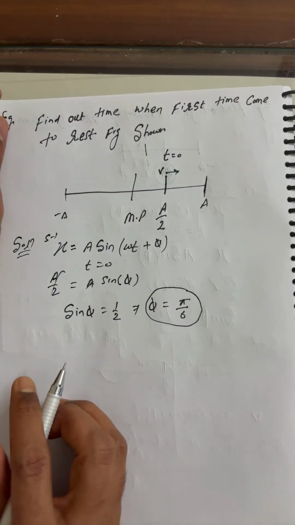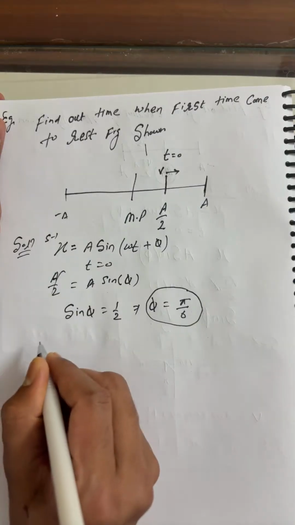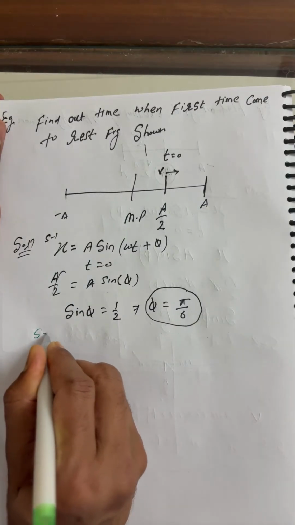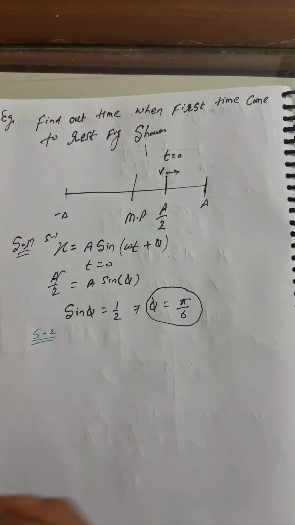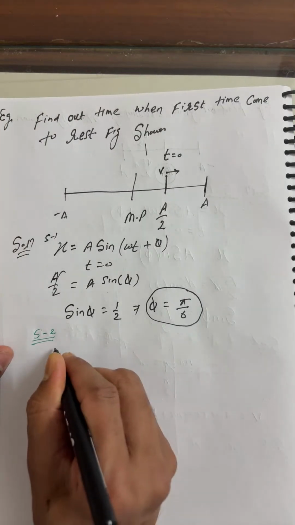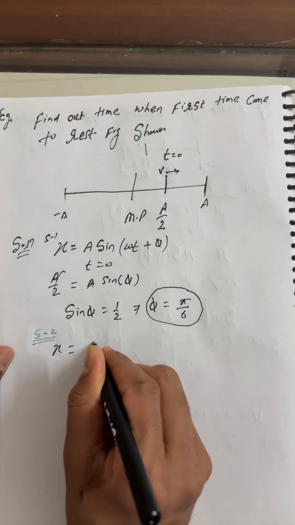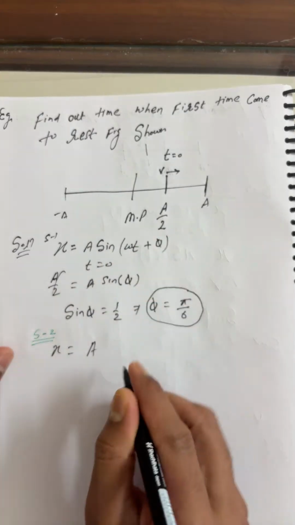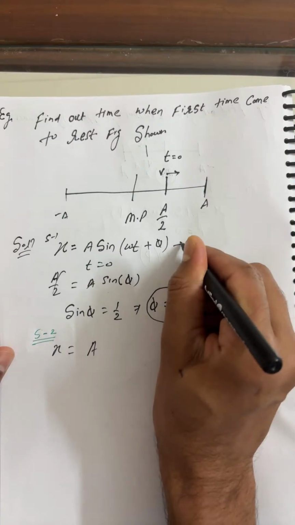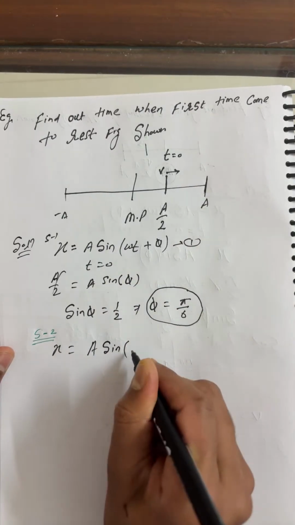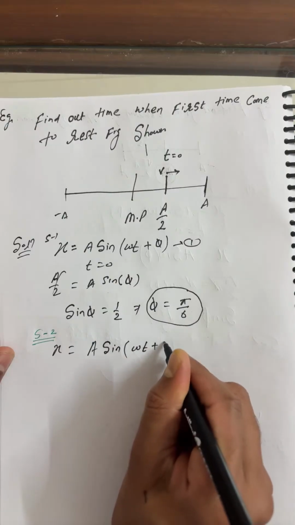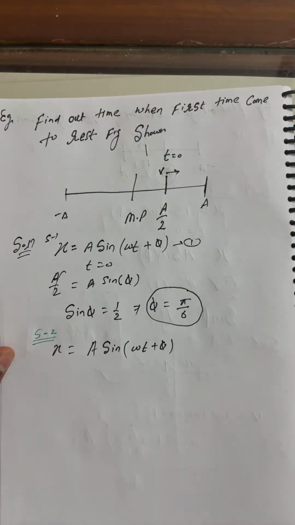Then I'll use this equation of SHM to get the time, because the particle finally comes to rest over here only. Now I write step 2 for this question. You can fit this phi in equation number 1: x equals a sin(omega t plus phi).